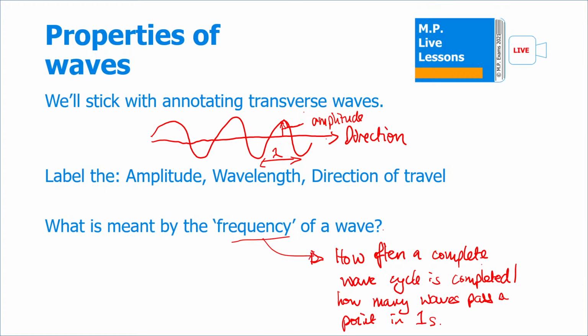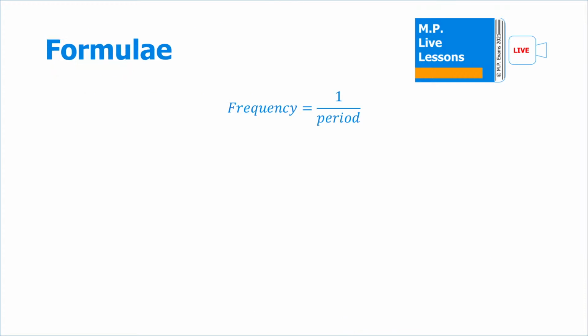Now, there are a few ways you could calculate the frequency of a wave. One of them could be 1 divided by its period, which is, in other words, time. How long it takes for one wave to complete a cycle. Another way you could calculate frequency is using this formula and rearranging it.